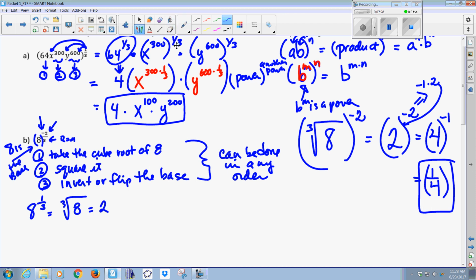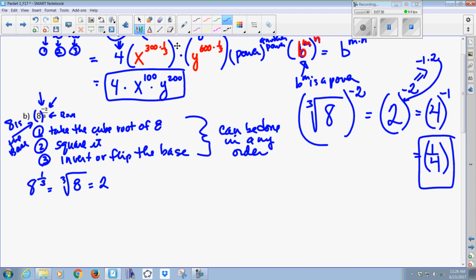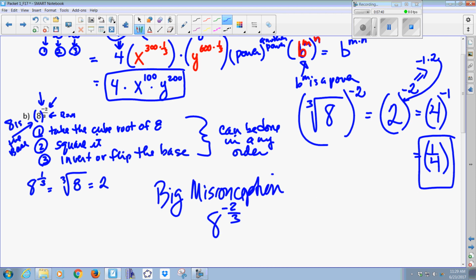Now, in the past, I've noticed a big misconception or error that students make. They remember something about the negative exponent dealing with flipping or inverting or finding the reciprocal of the base. And the mistake students make is that instead they flip the exponent.